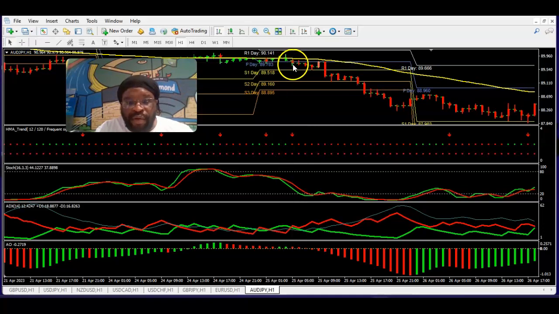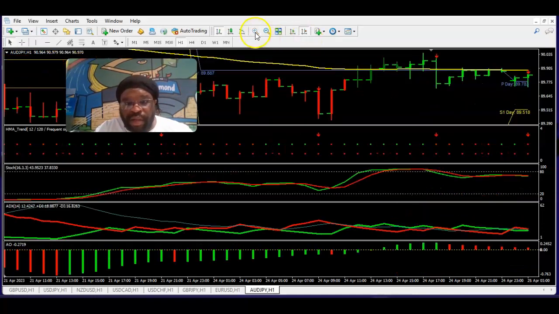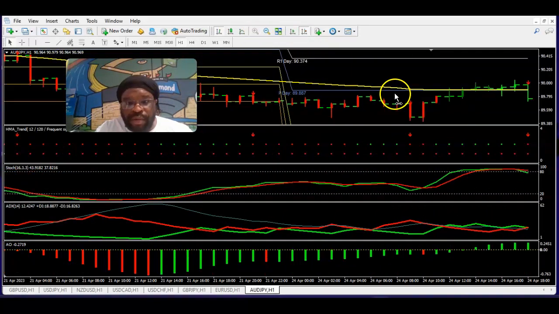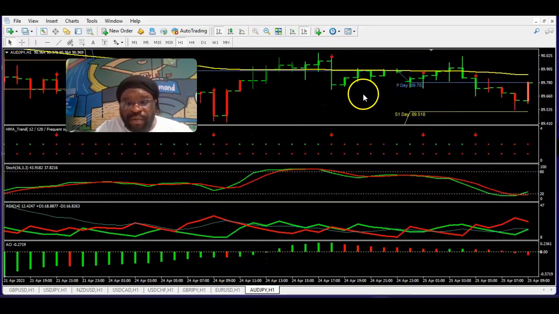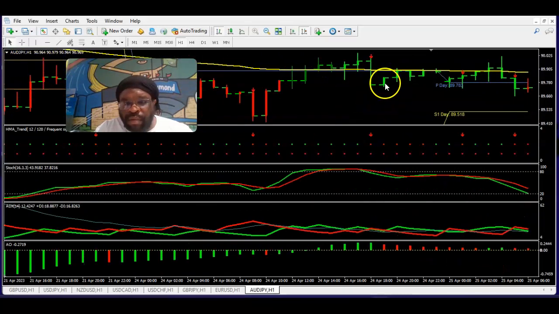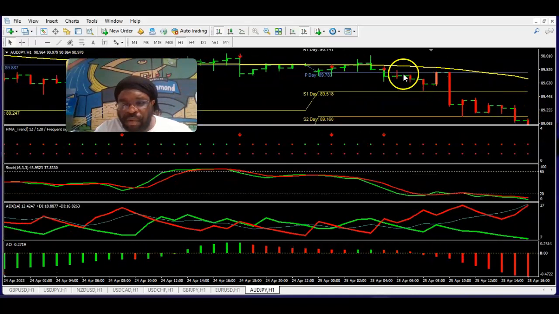However, you can take this trade, but if you want to wait till the next candle, this is a decisional candle, right? Just letting you know, that's a decisional candle. There you go. Boom.